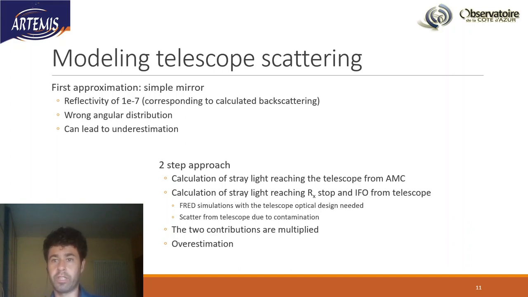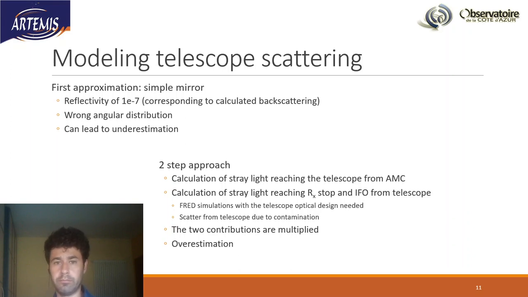But this gives the wrong angular distribution, because backscattering does not have the same angular distribution as a simple reflection, and that could lead to an underestimation. So in the end we preferred to adopt a two-step approach.